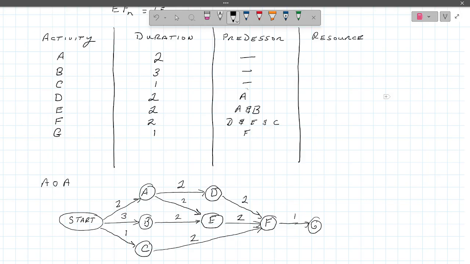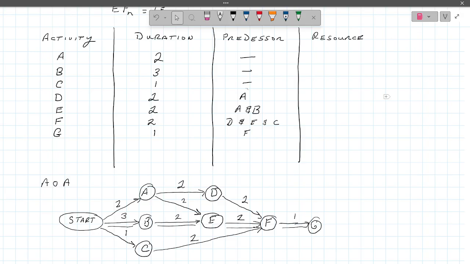I'd say the critical pathway is B, E, and F to G. If I was going to depict that on here, I'd draw a double line through that, just so you can see it. The critical pathway will become a lot more obvious when we do the activity on the node.